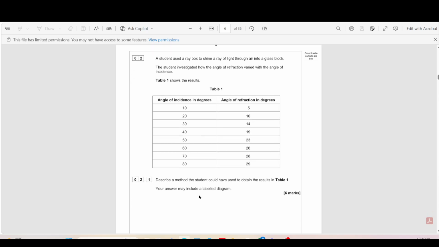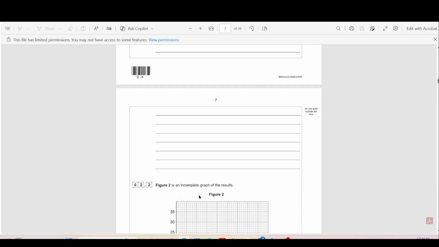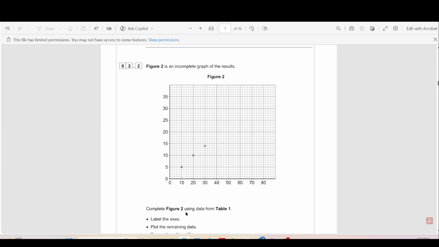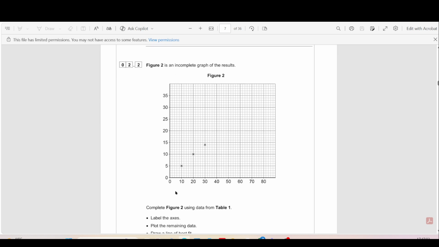Okay. What did you write on both axes? Angle of reflection on the left side and angle of incidence on the bottom. Yeah, angle of incidence on the x-axis here, and on the y-axis angle of refraction, right?